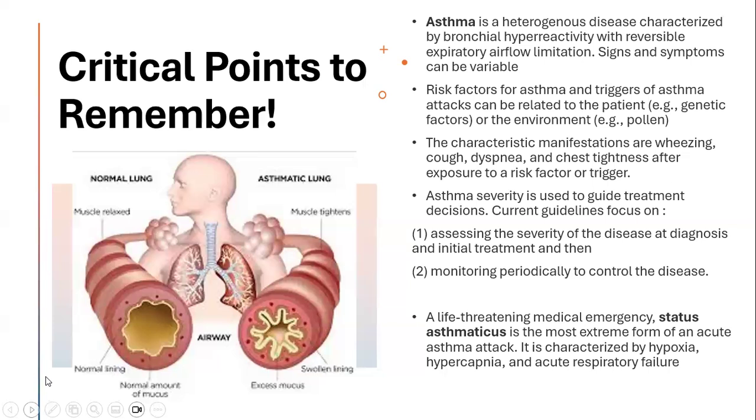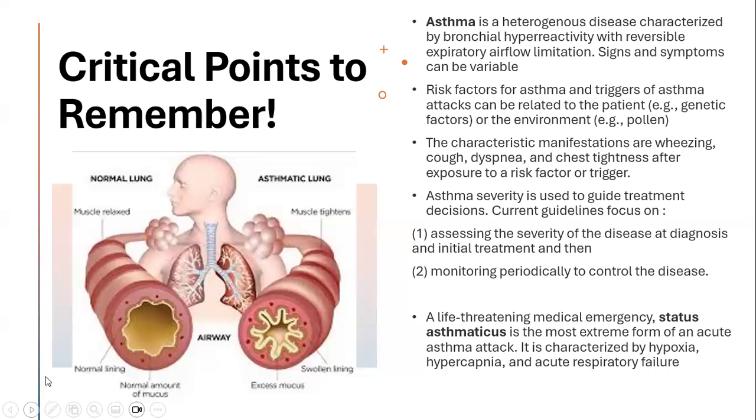Asthma is defined as a chronic inflammatory disorder of the airways characterized by irreversible airflow obstruction and bronchial hyperresponsiveness. As outlined in your textbook, Lewis Medical Surgical Nursing, the pathophysiology of asthma involves persistent inflammation leading to airway edema, increased mucus secretion, and constriction of bronchial smooth muscles. These pathological changes result in episodic bronchospasm, airway narrowing, and variable airflow limitation.